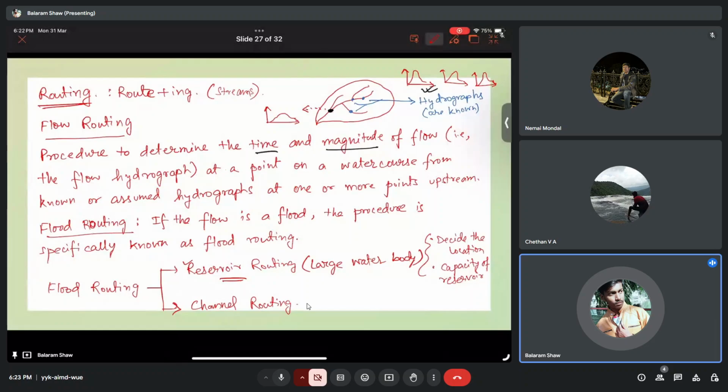Second is the storage discharge relationship. We might have seen in the lectures that reservoir routing establishes the relation between the storage volume of the reservoir and the corresponding outflow.